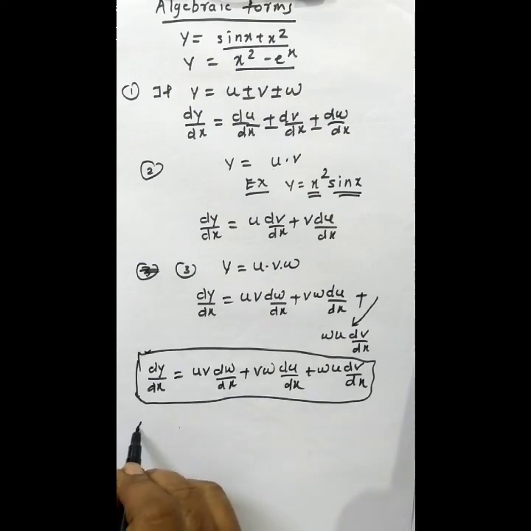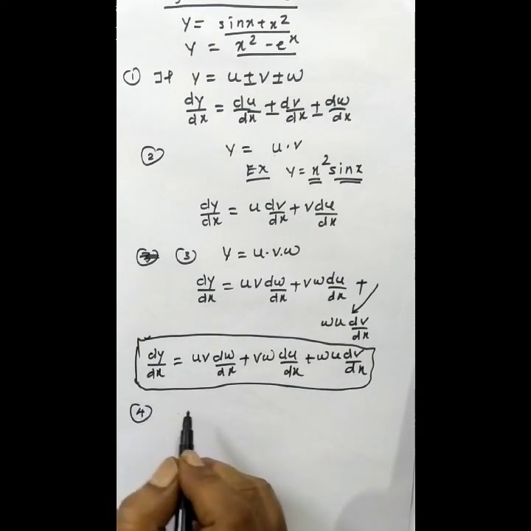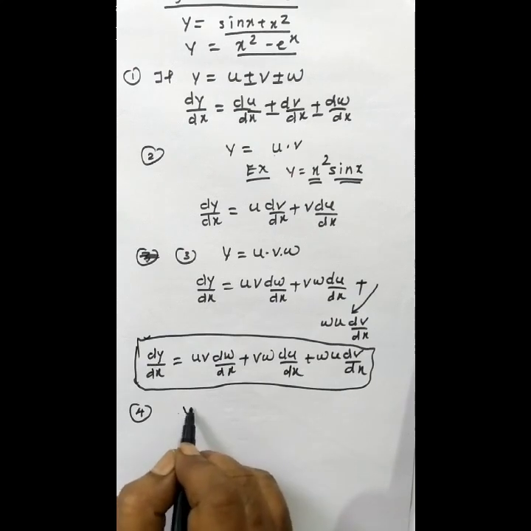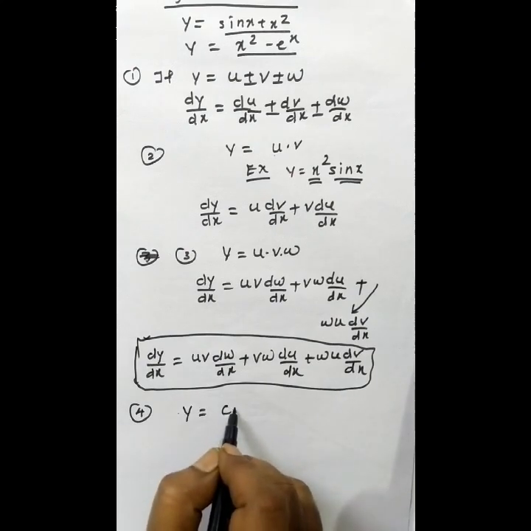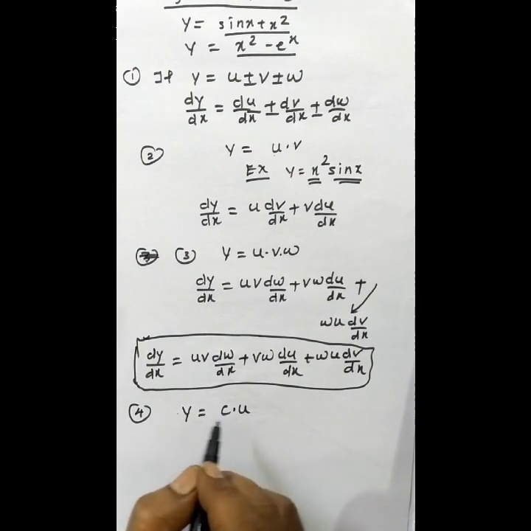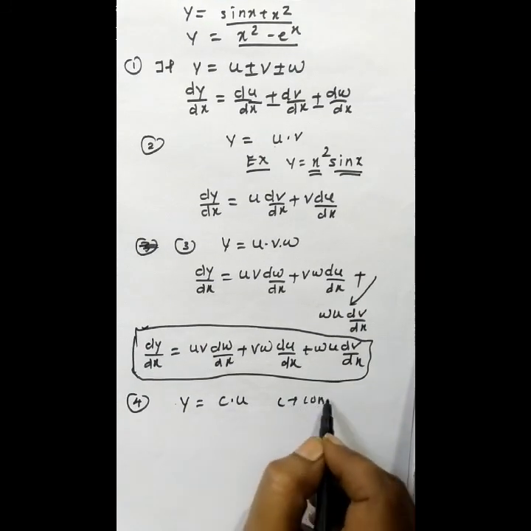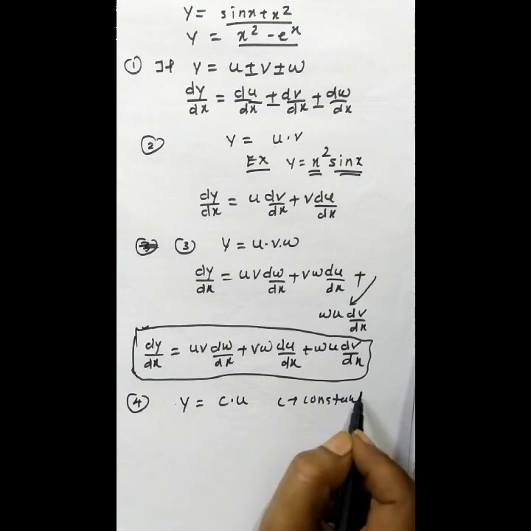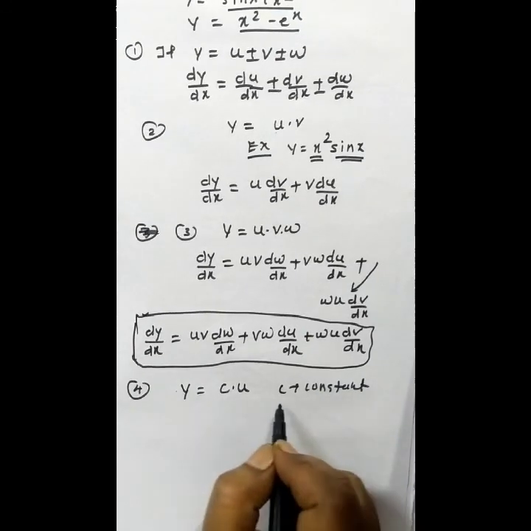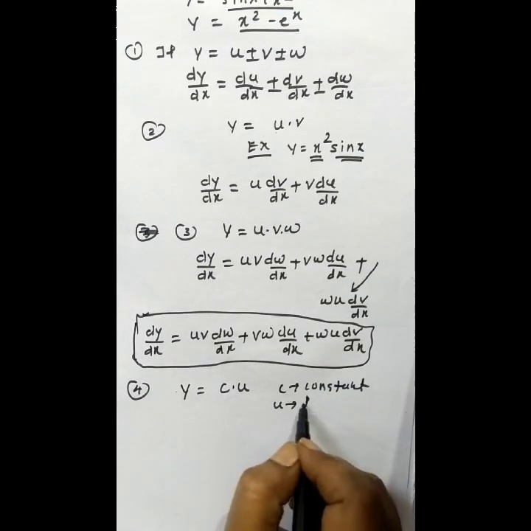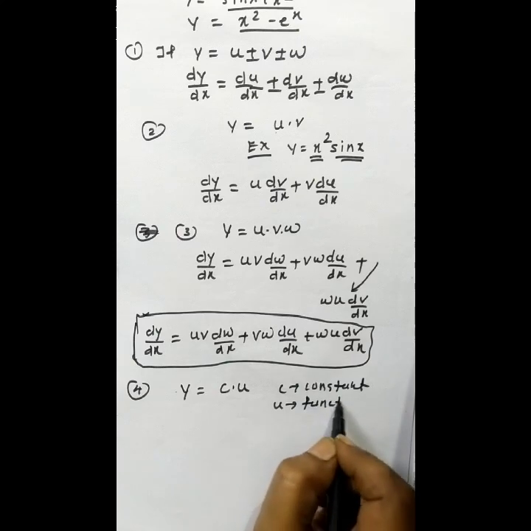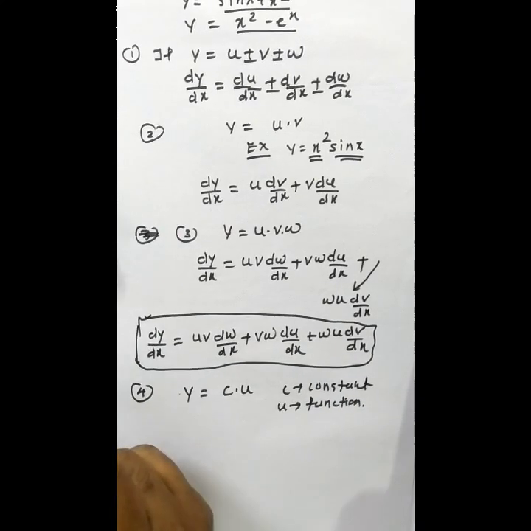Next we come to formula number 4, that is, y is equal to some constant c into u. What is c here? C is a constant and u is a function.